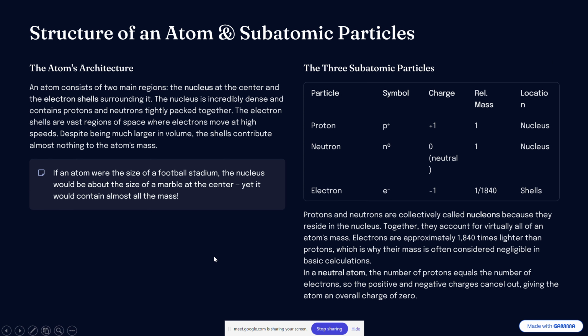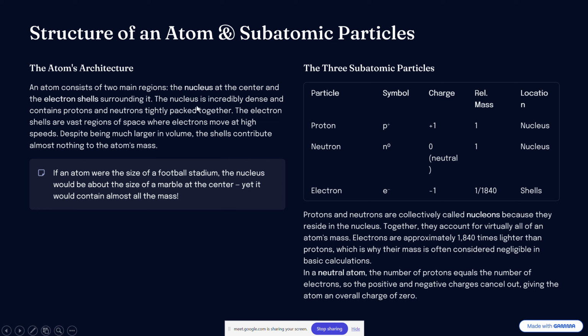Okay, so let's move from here. On this page, we're going to be looking at subatomic particles. The atom's architecture consists of two main regions: the nucleus, which is at the center, and the electron shell surrounding it.